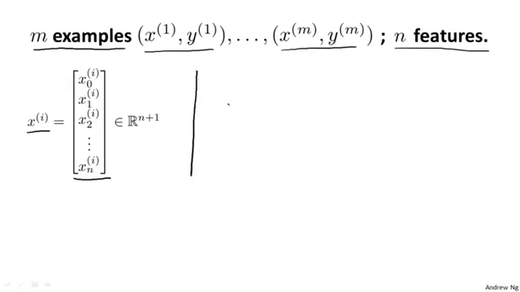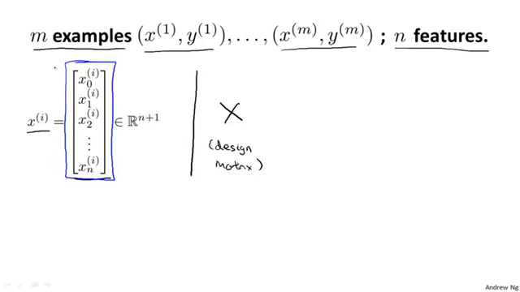The way I'm going to construct the matrix X, this is also called the design matrix, is as follows. Each training example gives me a feature vector like this, that's this n plus 1 dimensional vector. The way I'm going to construct my design matrix X is I'm going to construct a matrix like this.